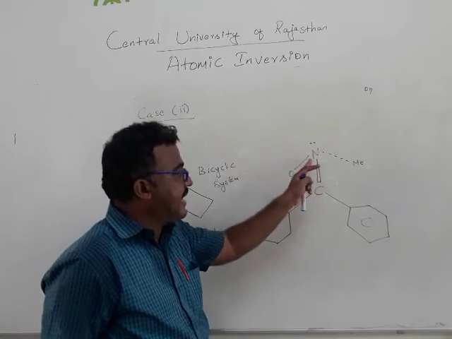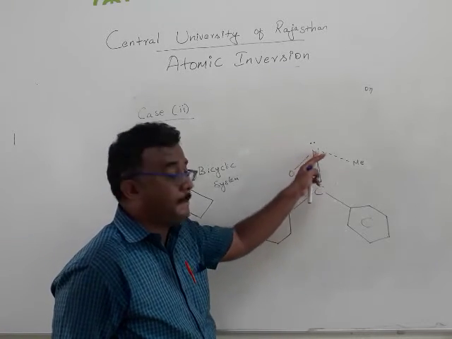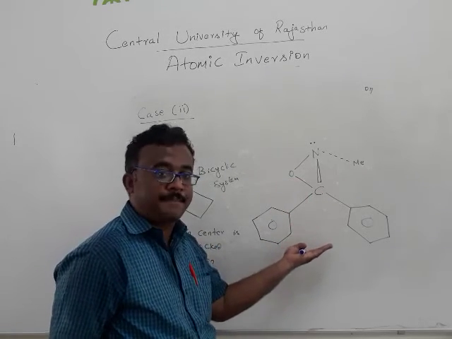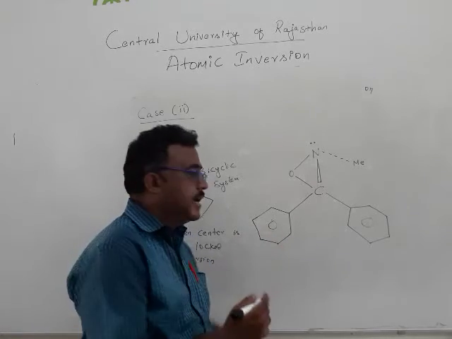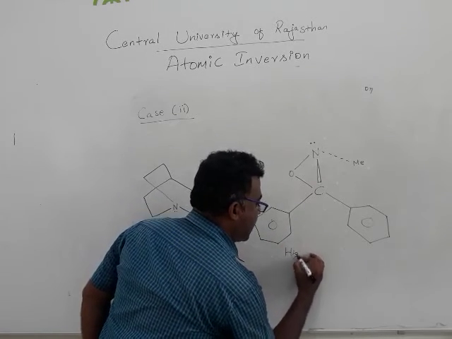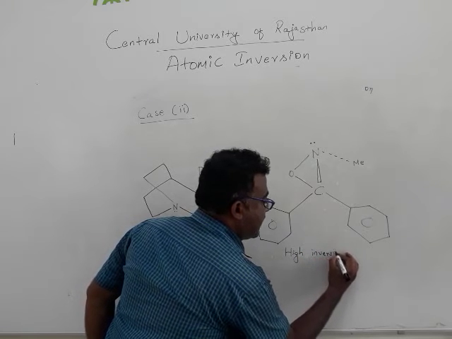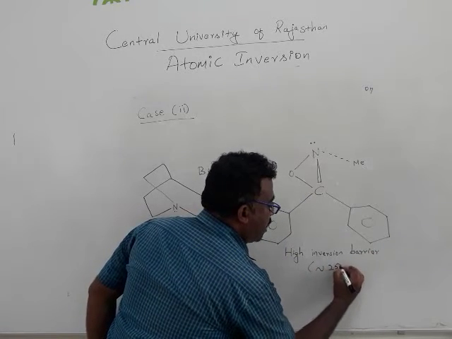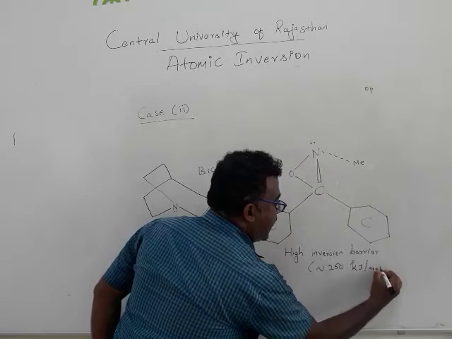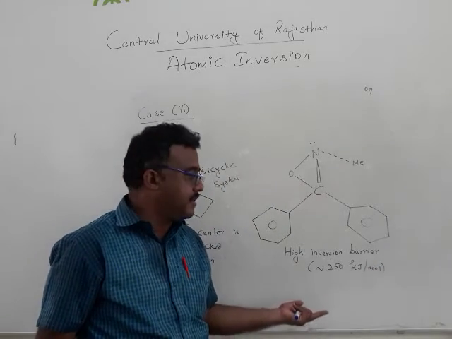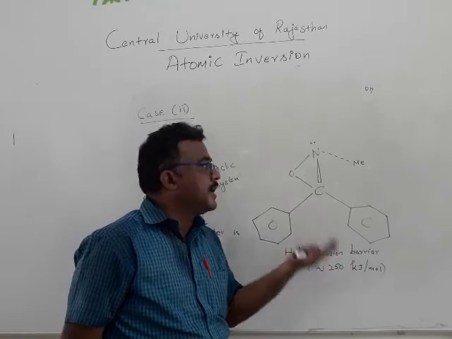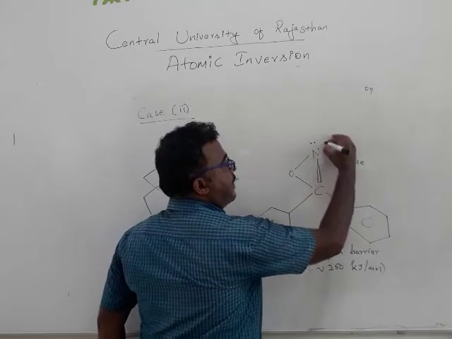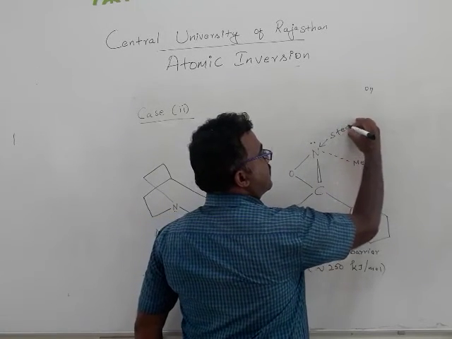This nitrogen atom is locked in the form of a three-membered ring, so it can't attain the transition state of 120 degrees. It has a very high inversion barrier, approximately 250 kilojoules per mole. So this molecule cannot undergo inversion.